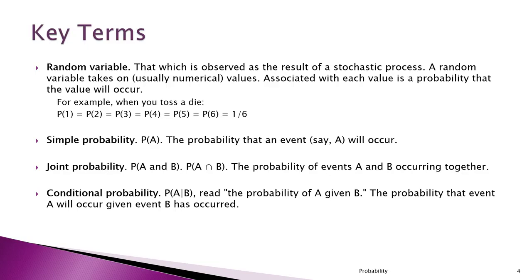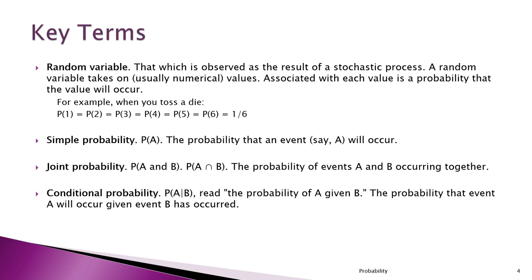A simple probability, as we'll see soon, is also called a marginal probability. That's the probability of an event. We're looking at one event, and we're looking at the probability that that event will occur. A joint probability is the probability of 2 events occurring together in time or space.